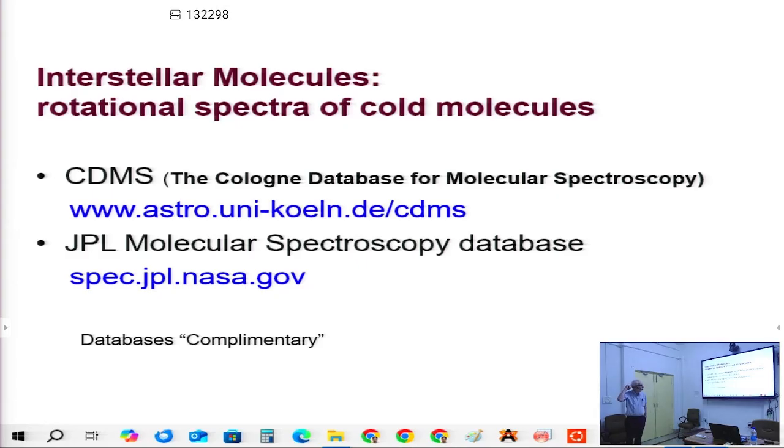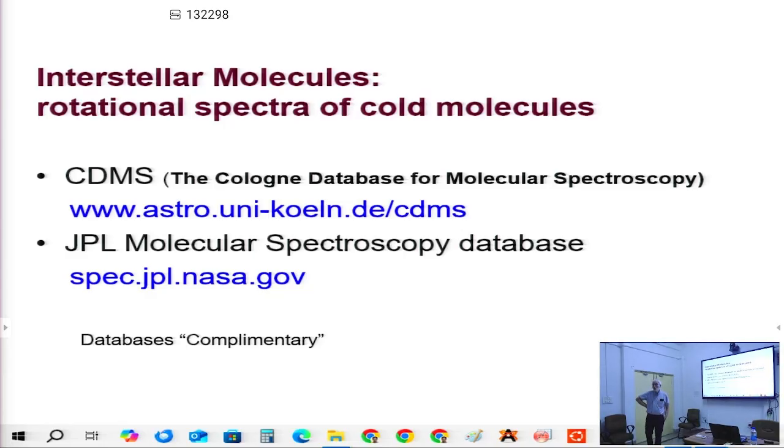If you're actually looking for interstellar molecules, there are 2 databases, CDMS and JPL, and they're sort of twins. They're not twins. JPL is the older brother. So what happened was that the JPL database, that's Jet Propulsion Laboratory in California, was started in the 70s sometime, I think, to catalogue all the rotational spectra needed for interstellar studies.